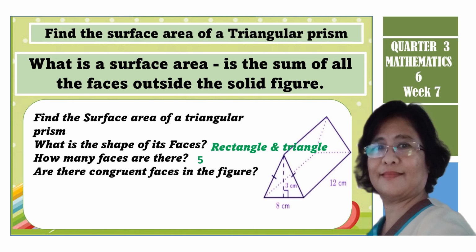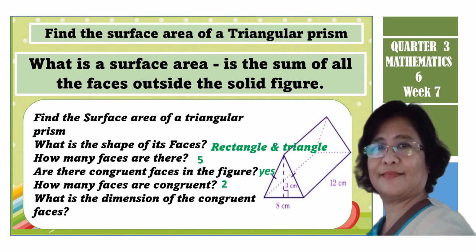Are there congruent faces in the figure? Yes, we have. We have the 2 triangles and 3 rectangles. How many kinds of faces are congruent? We have 2, the triangle and the rectangles. What is the dimension of the congruent faces?